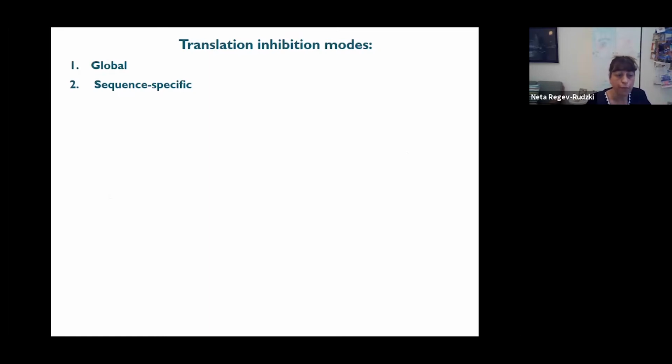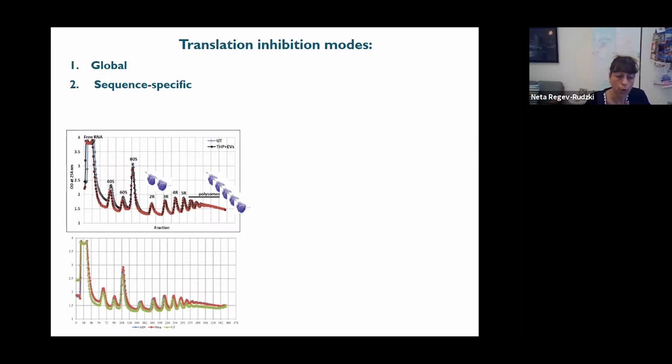And from our ribosomal profiling, we know that in our system, there is no global translation inhibition in monocytes when we introduce the vesicles because we got similar profiles between the treated and the untreated cells. So then most probably there is a certain region within the RNA of IP10 that carries this information that controls the translation inhibition.